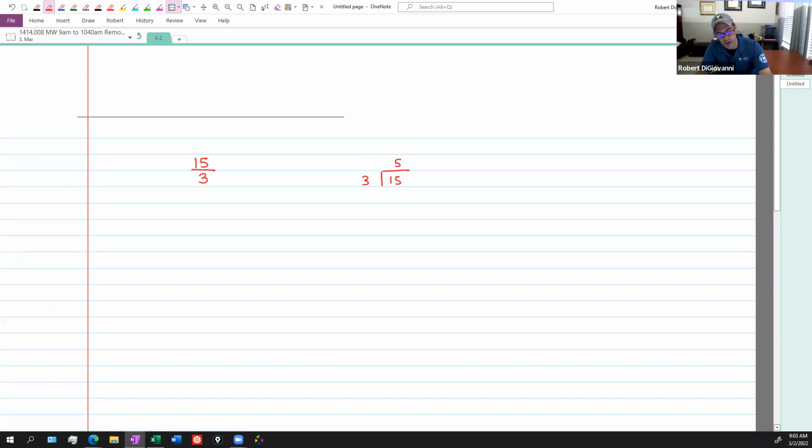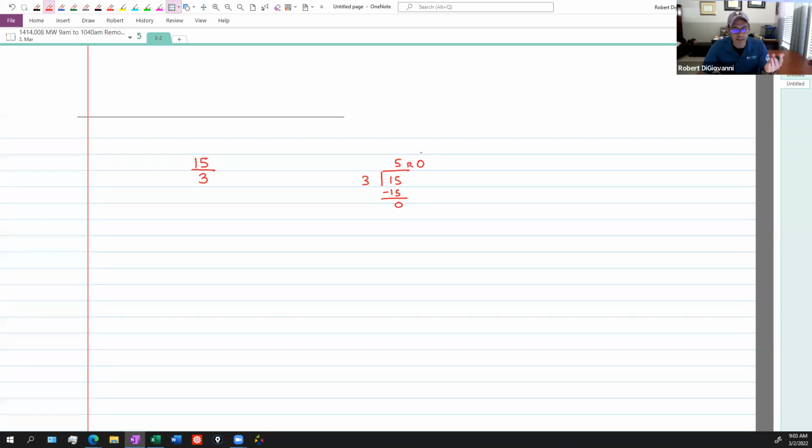Then you multiply 5 times 3, put 15 here, subtract, and get 0, so you have a remainder of 0. Does that look familiar? I know this seems very basic, but trust me, it'll be helpful in a minute.